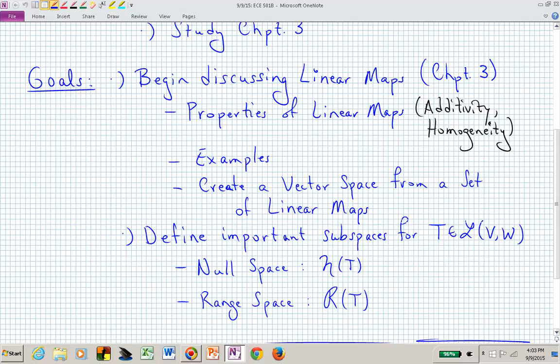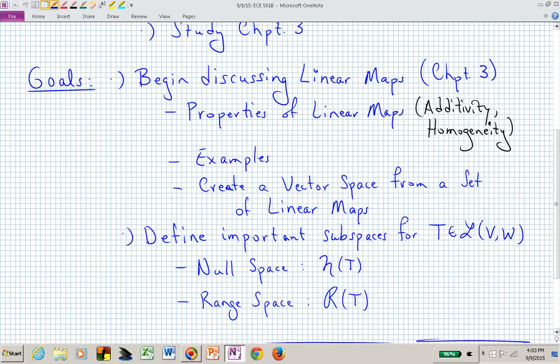Then we'll go through many different examples of these maps, some of those being linear maps and some of them not. Then we will look at this abstract concept where these linear maps themselves could be considered a vector space. That's a little bit more abstract of a concept, and we'll try to talk about that.